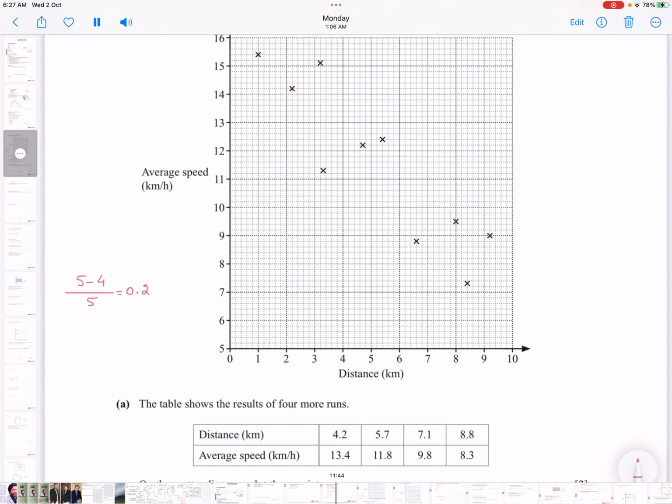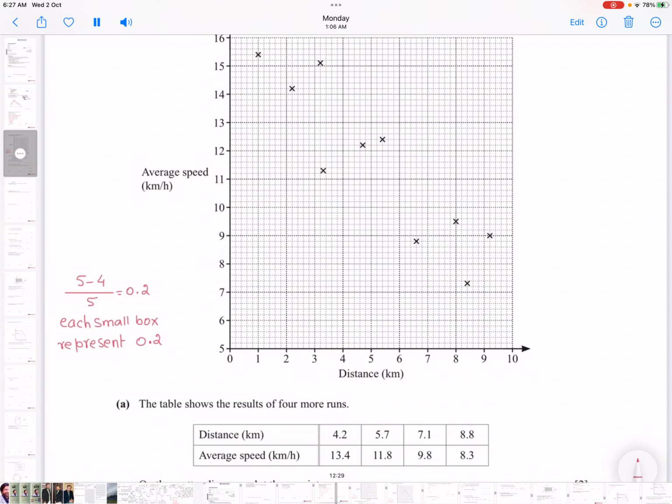So each small block you can read 0.2. So now you can mark the points on the scatter diagram from the given table. I am marking it in red.